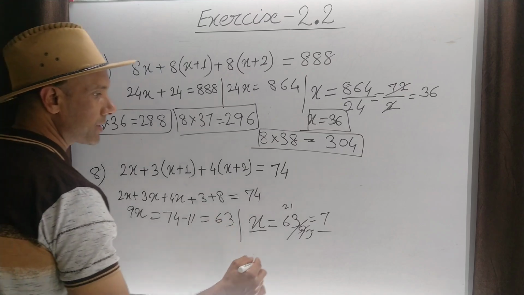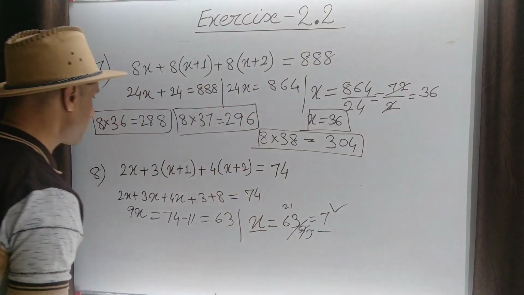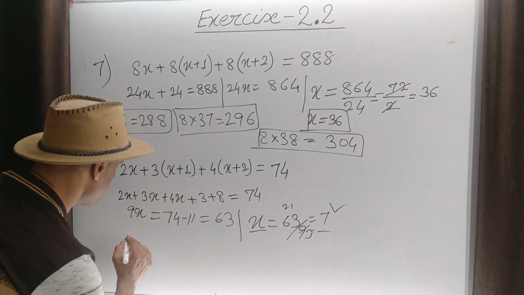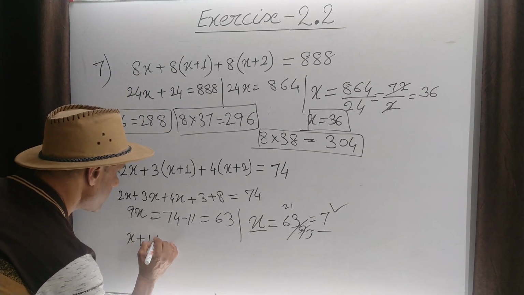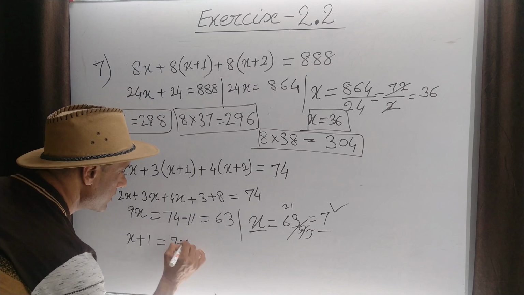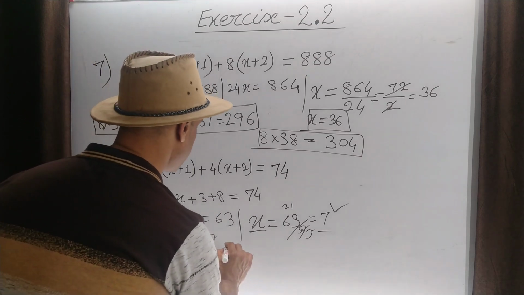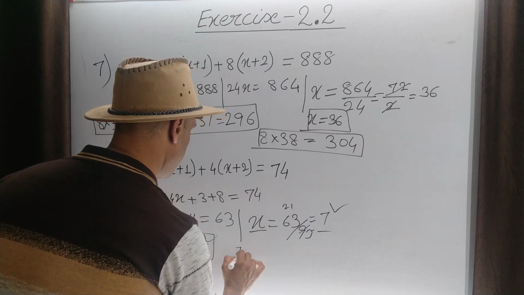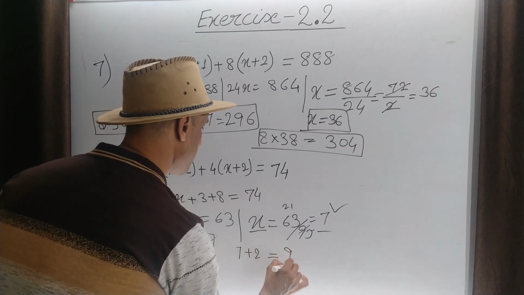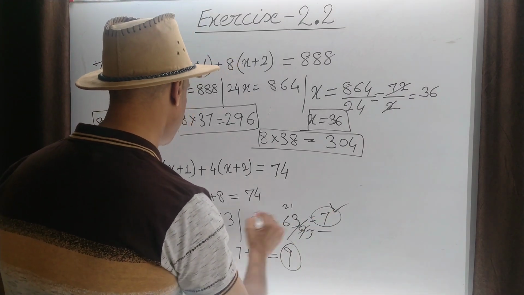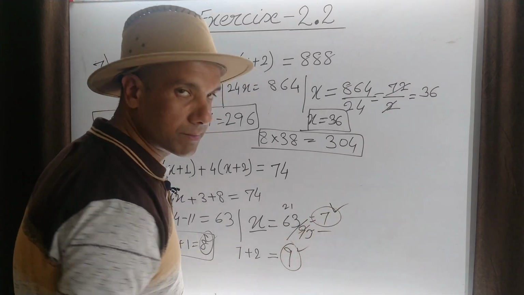The first integer will be x, that is 7. The second integer will be, they are consecutive, so x plus 1, that makes it 7 plus 1 is equal to 8. The third integer will be 7 plus 2, that is 9. Correct? So we have got the integers as 7, 8 and 9. Understood?